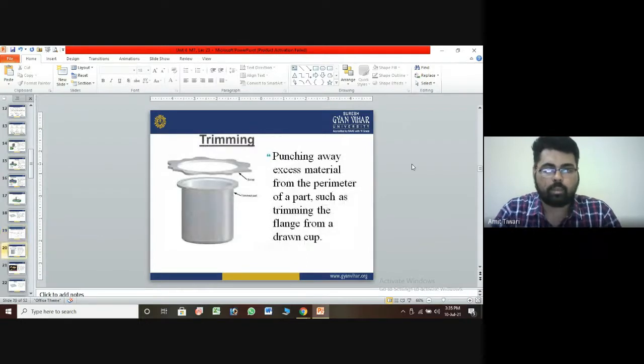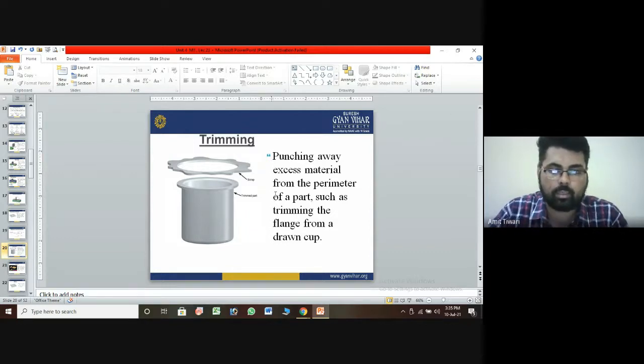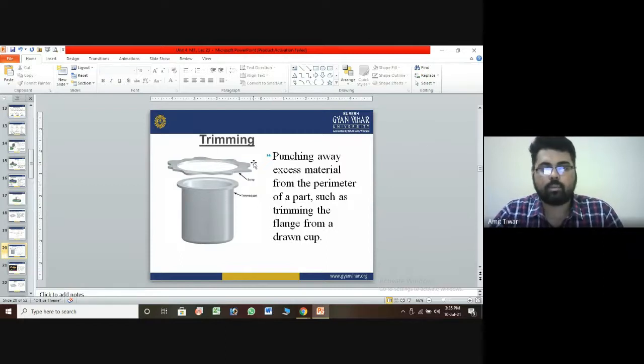Next is trimming. Trimming is punching away excess material from the perimeter of a part, such as trimming the flange from a drawn cup. If you want to make this cylindrical jar, you can fabricate it, and afterwards you cut out the scrap after the product is completely made.